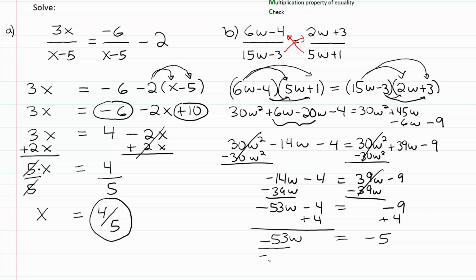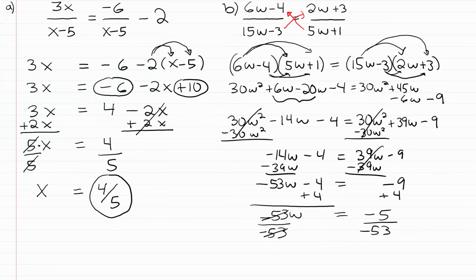So we'll divide by negative 53, both sides of the equation, and we end up having simply that w is equal to 5 over 53. Remember, our negative over negative will become a positive. So the answer to this question is 5 over 53.